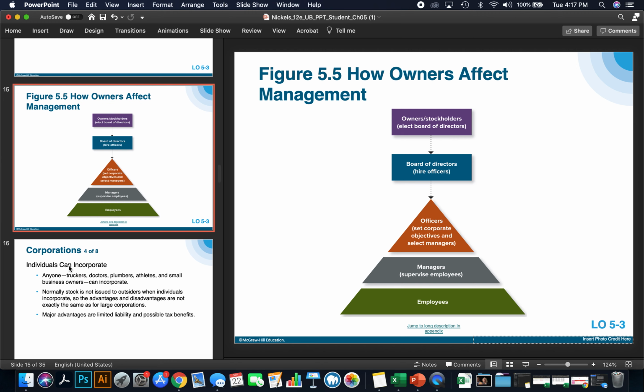So, how do owners affect management? Stockholders elect a board of directors, and the board of directors then hires officers to set and direct corporate objectives and select managers and employees below them. As you can see, in a corporation there are a lot of layers.